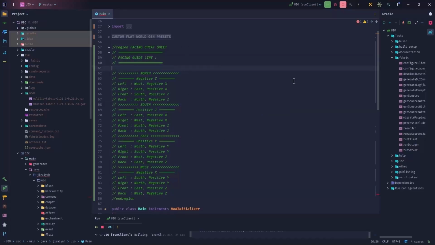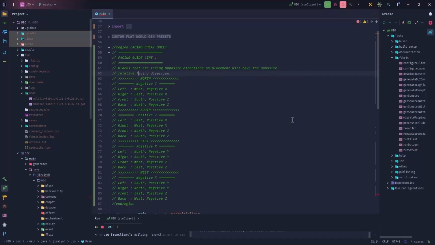I will add something here and I will say that blocks that are facing opposite on directions on placement will have the opposite relative facing compared to the direction the player is facing. Okay, meaning that for the example of the furnace, we were facing north, but the furnace is looking at the opposite direction, so it's south, and we should use the south cheat sheet.